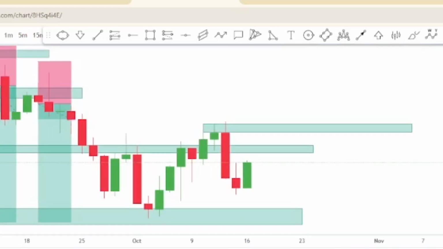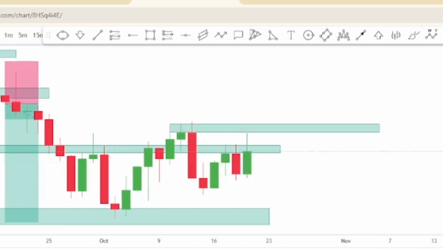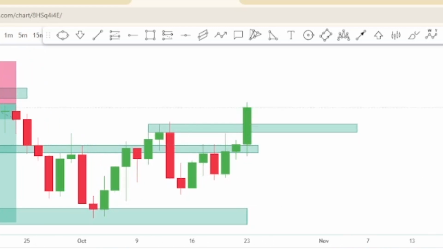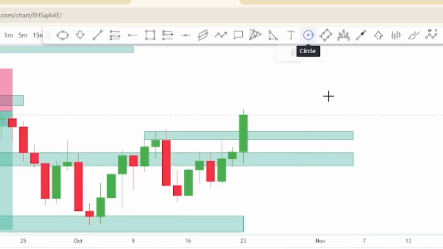Okay, let's see what we're going to get from the market. The market is pushing up in the consolidation now. Okay, so now we broke above. So as I was talking about, I'm waiting to buy from these two areas. I will be looking for the confirmation from these areas.